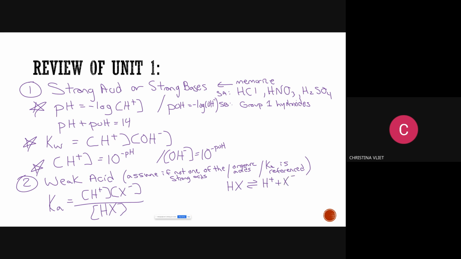If you do the ICE table, it proves it. These two are the same as each other. So you can technically call it x squared over HX, as long as you understand that when you're solving for the small x, it is your H plus concentration in this formula. Ring a bell? Question?